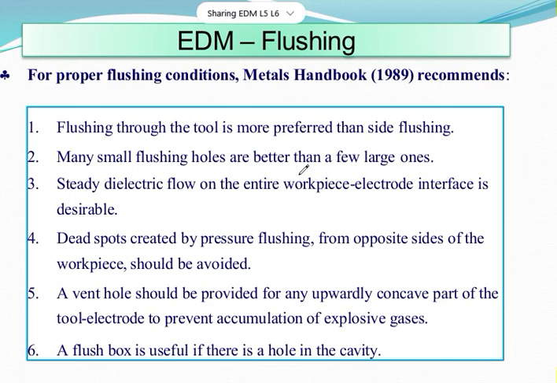As you can see, the Metals Handbook has recommended a few points regarding the flushing system, and one of the most important is that flushing through the tool is always preferred over side flushing. Next, many small flushing holes are better than a few larger ones. So small holes are basically preferred, and are much better than larger ones.